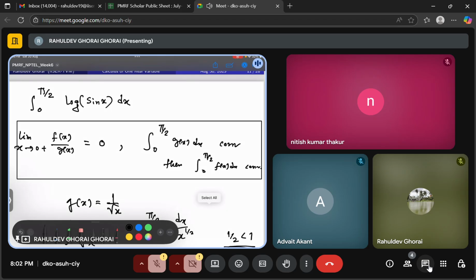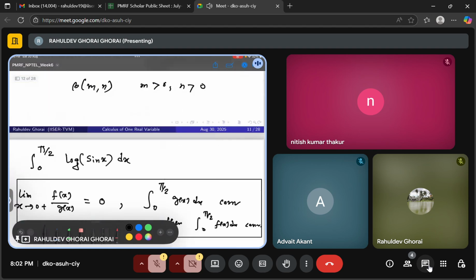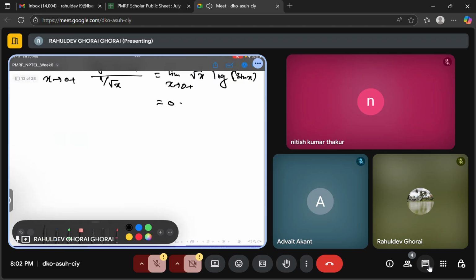So we can find out when this will be convergent, and you can show here that it converges. See, this function was log of sin x, some different type of function. Still, we used the fact that 1 over x to the power half is convergent, right?